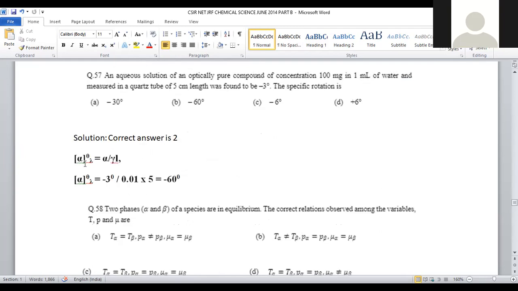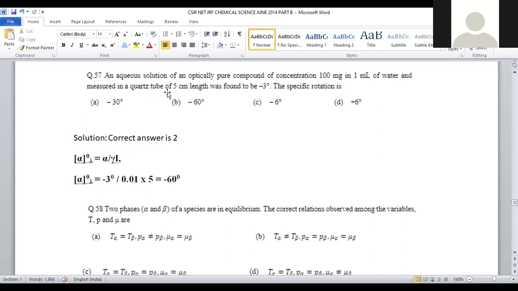So in order to predict that, the formula will be specific rotation [alpha] is equal to alpha by gamma into L. Here alpha denotes the observed rotation by the compound, that is given in the problem, -3 degrees. Gamma is nothing but the concentration of the given optically active aqueous solution, and L is nothing but the path length.